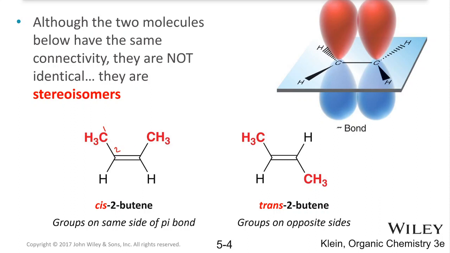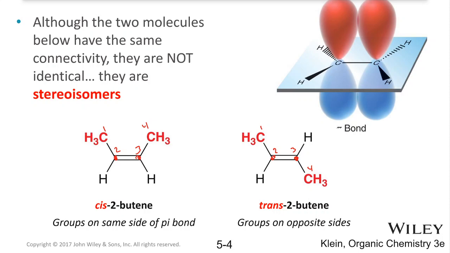We have 1, 2, 3, 4 carbons in the parent chain, and we have a double bond between carbons 2 and 3. So this is 2-butene on the left and 2-butene on the right. But these carbons are fixed in this position due to that lack of free rotation about a double bond.